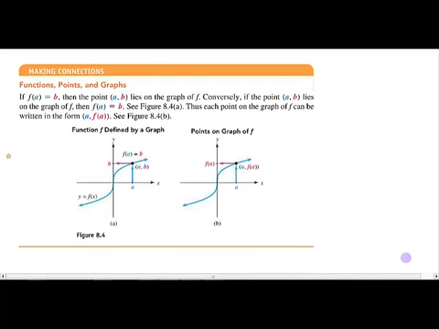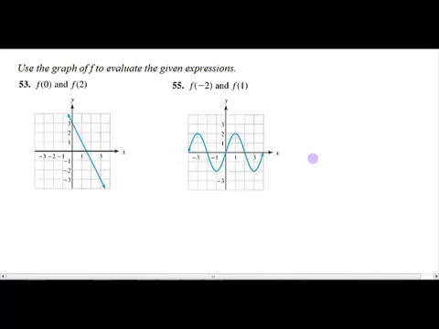Here, let's make a connection with our function notation and a graph. If we have f of a equals b, then we have the point (a, b) that lies on the graph of f. Conversely, if we have a point (a, b) lying on the graph, then f of a equals b. So we can graph these points by finding a and f of a. So let's use the graph of f to evaluate the given expressions here.